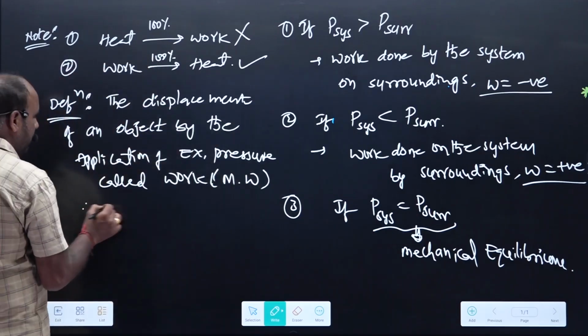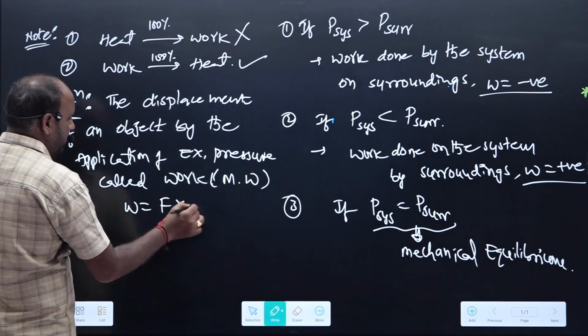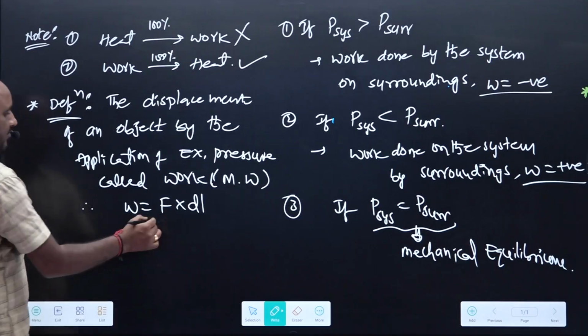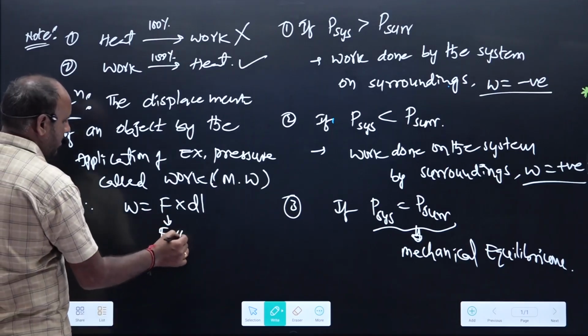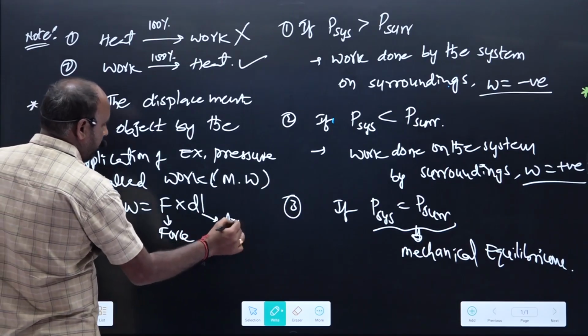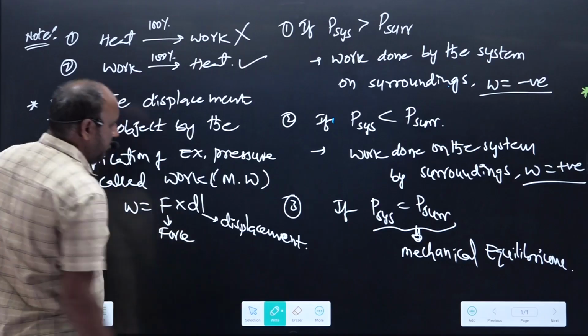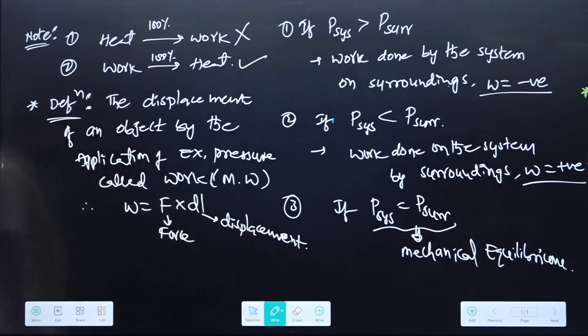Therefore W is written as F into displacement, force into displacement. F stands for force. Then we utilize this equation: W is force into displacement.